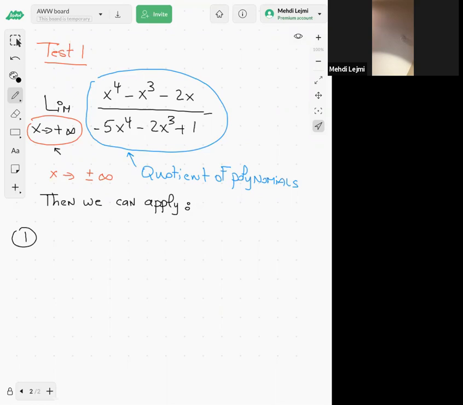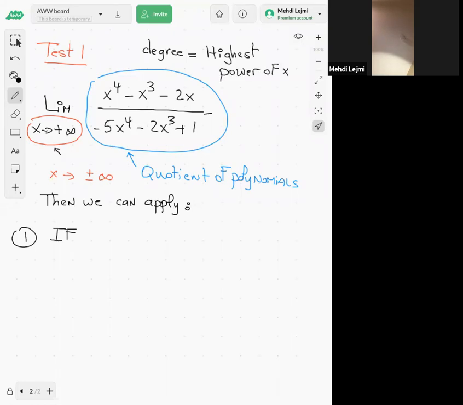So if the degree in the top, what do I mean by degree? Degree, that's the highest power of x, okay? Instead of saying highest power of x, I'm gonna just say degree. So when I say degree, I mean the highest power of x.